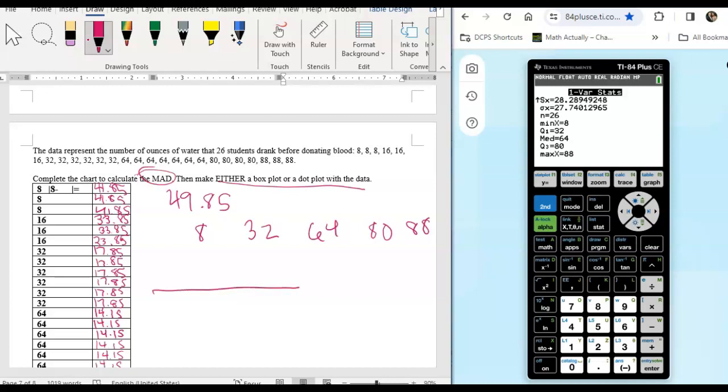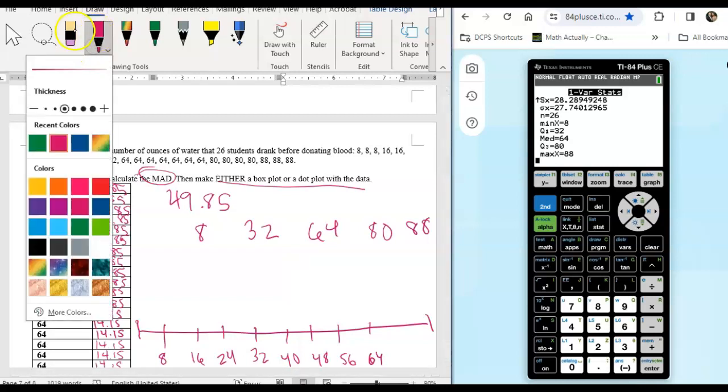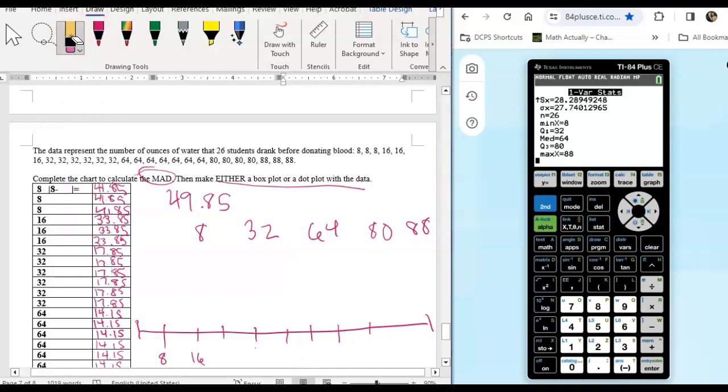Now, notice that all of these are divisible by 8. So I'm going to make a number line that, actually, let me put that a little bit lower. I'm going to make a number line that's in ranges of 8s, okay? So 8, 16, 24, 32, 40, 48, 56, 64. Might not have made them spaced out far enough. I did not. Sorry.